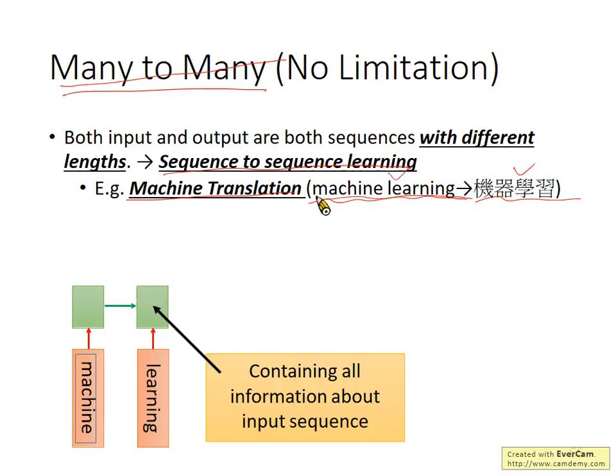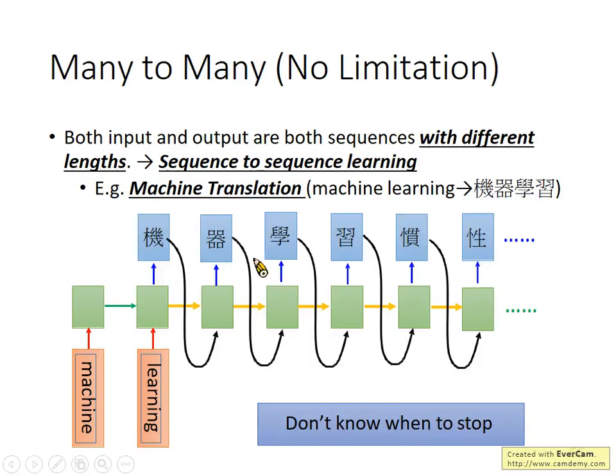Sometimes the length of the English sentence is longer. Sometimes the length of the Chinese sentence is longer. And the RNN has no limitation to do such transformation or recognition. So we can do many-to-many recognition.